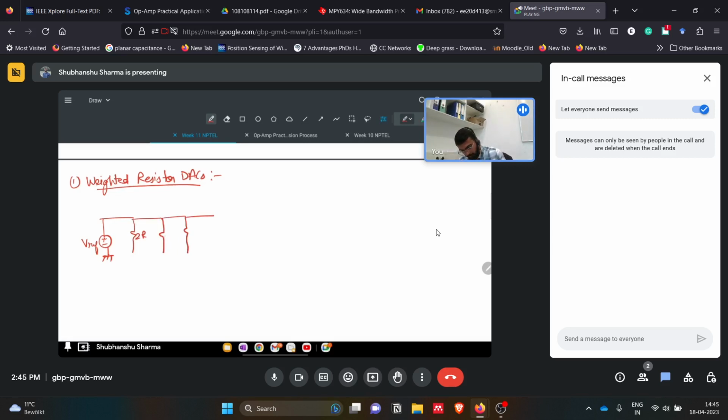So we have 2R, 4R, 8R, and so on. If we are talking about an n-bit DAC, then it will be 2 to the power n R. Currents are IN, I3, I2, I1. And then we have a switch.